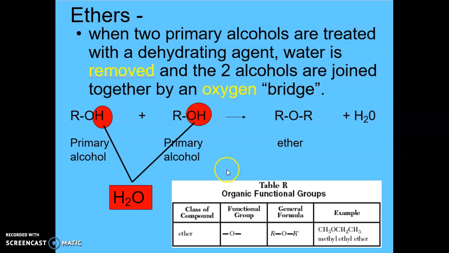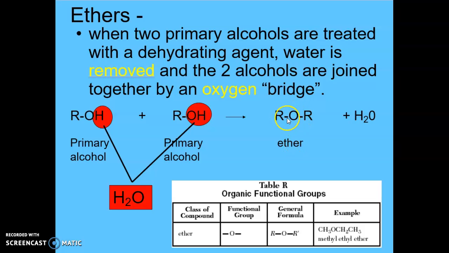The ethers are made of the union of two alcohols. The hydroxyl group of one alcohol and the hydrogen of the other make water, and then they join together.